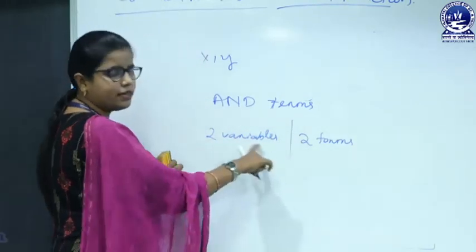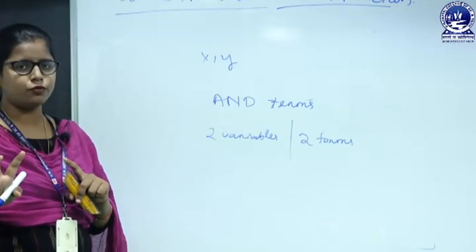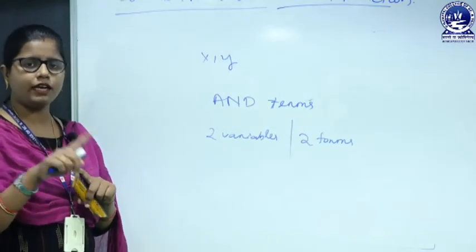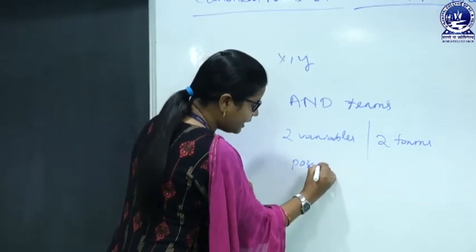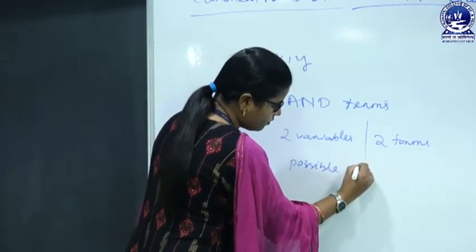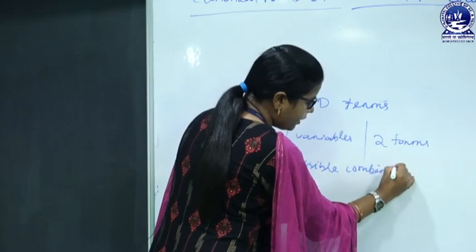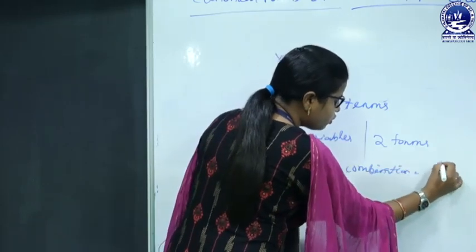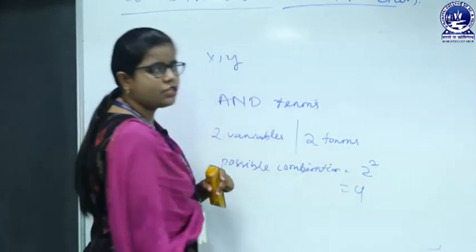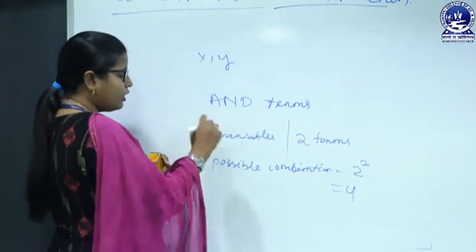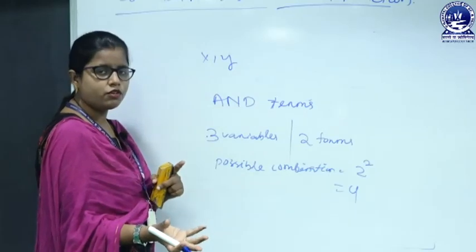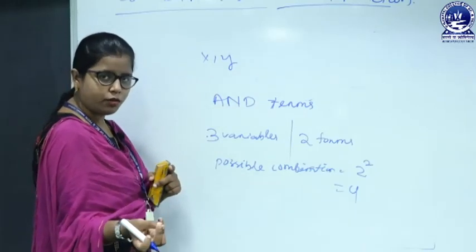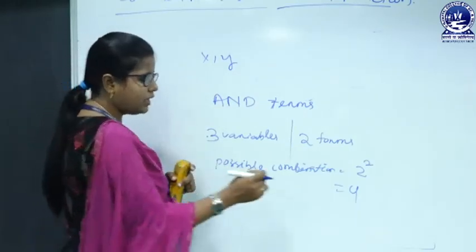We have two variables and we have only two forms, x complement, y and y complement. So what is the possible combinations there? The possible combination is 2 to the power 2, that is 4 combinations. If we have 3 variables and we only have 2 forms for any literal, how many possible combinations are there?